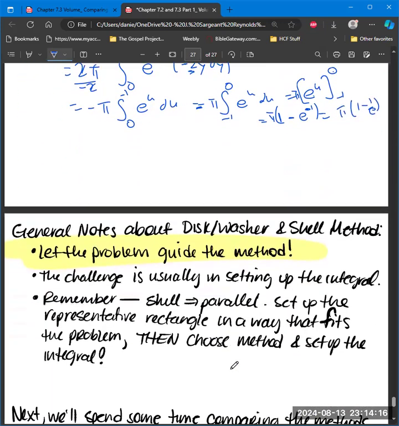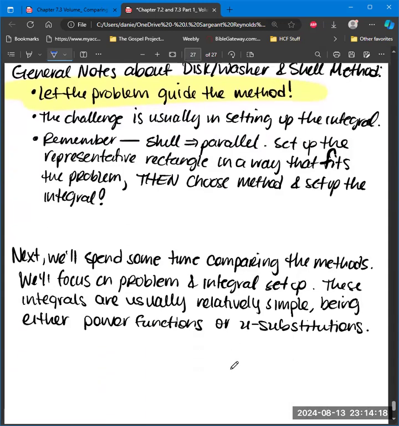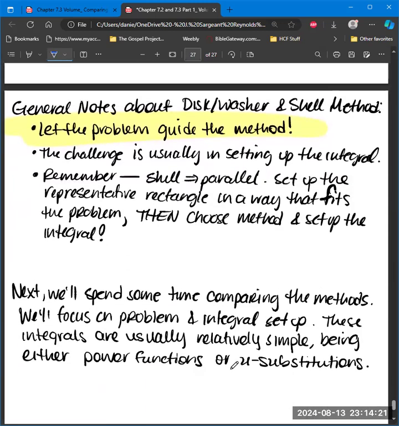So let the problem guide the method. Take a look and see whether it's easier to use vertical or horizontal rectangles, and see whether we're going to have rectangles that are parallel to the axis of rotation or perpendicular to the axis of rotation.